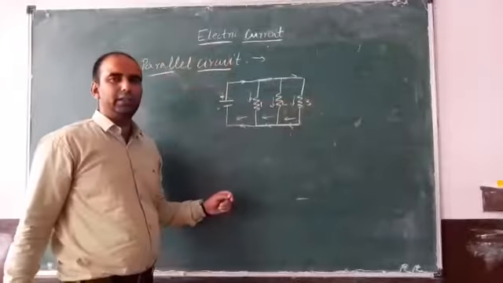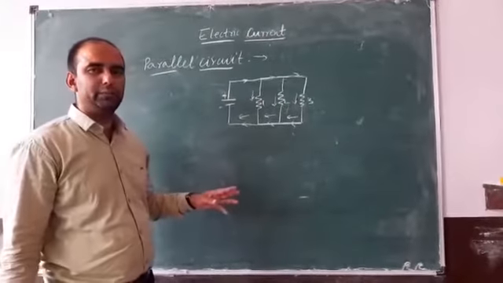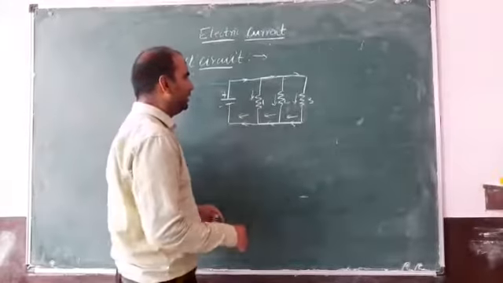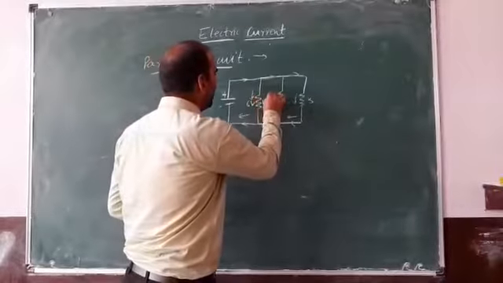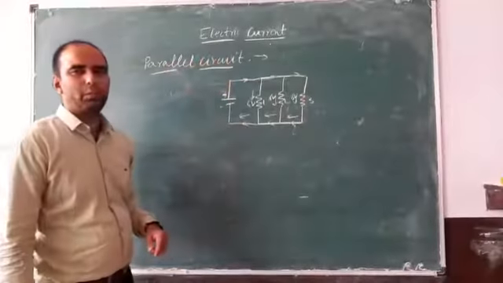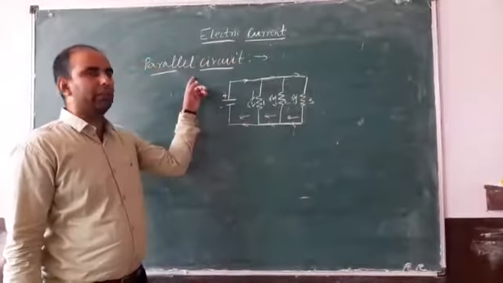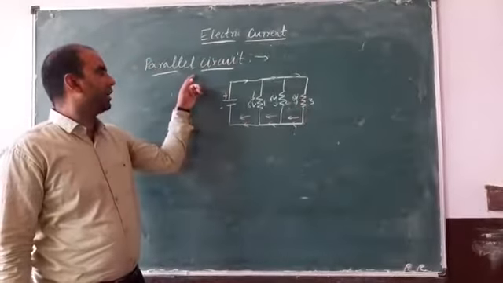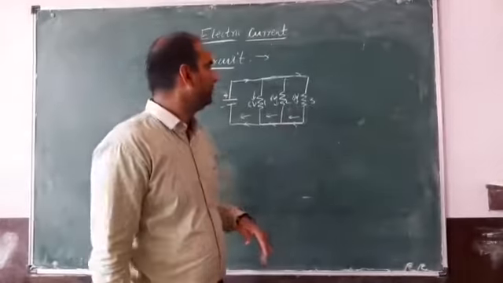In this circuit, the resistors do not share the voltage. If we apply 6 volts, then every resistor gets 6 volts. In our house, all the electrical components work as a parallel circuit. They work independently.